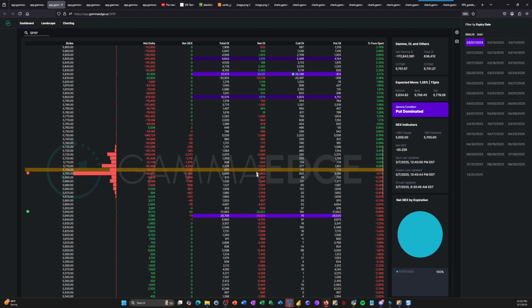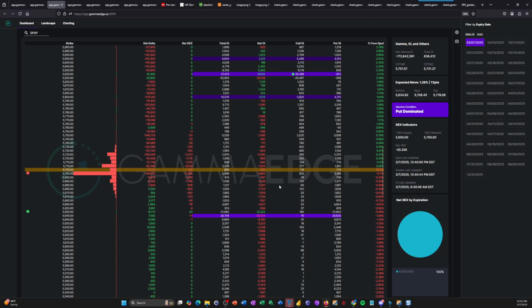But instead of adding negative deltas, we're removing them, because we're converting them. As price goes up in a put-dominated environment, we're taking something that was in the money, a minus 50 delta, minus 60, minus 70, minus 80, and making it out of the money, minus 40, minus 30, minus 20. That's more positive.